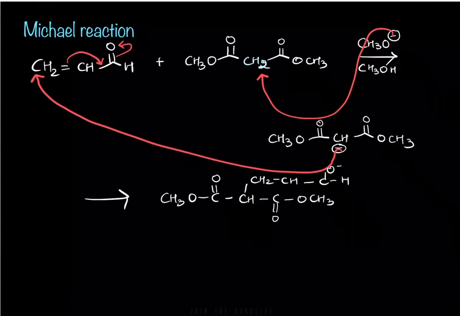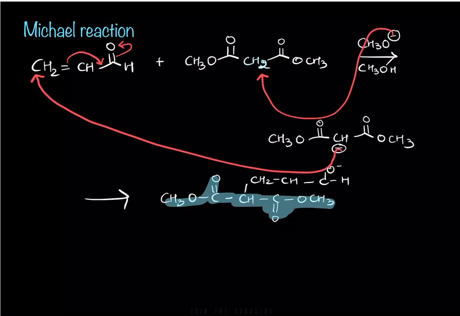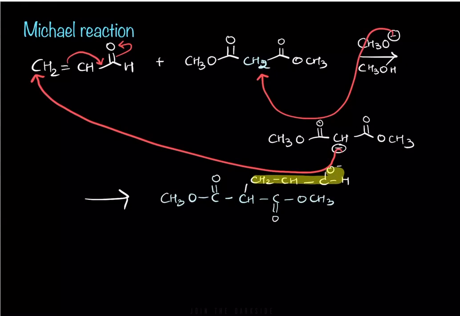Okay, and remember, this part is actually derived from the beta diester, and this part is actually derived from the alpha beta unsaturated carbonyl compound. And now the next step is to protonate the, okay, I forgot a double bond right there.